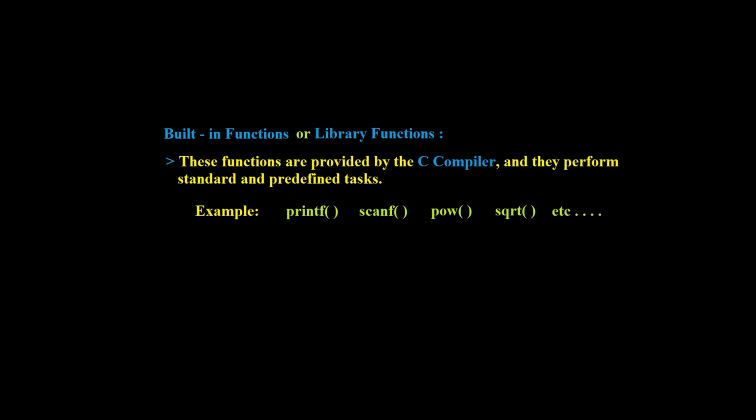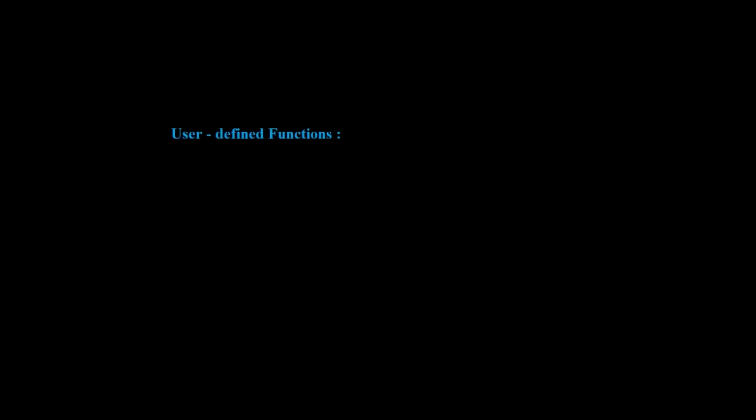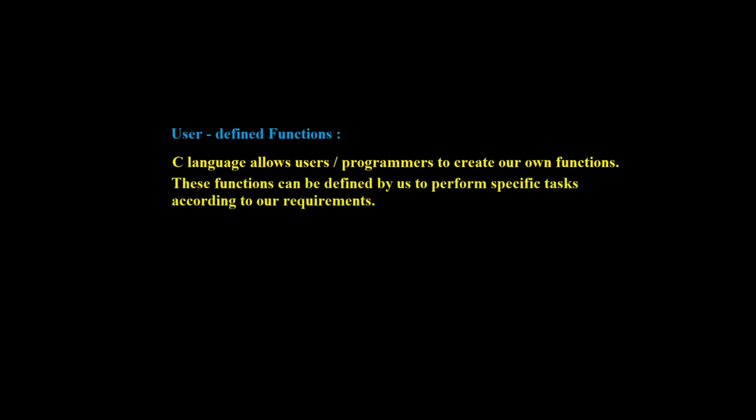Now let us move on to the user-defined functions. So what are user-defined functions? As the name suggests, user-defined functions are written by the user. C language allows users or programmers like us to create our own functions. These functions can be defined by us in order to perform specific tasks according to our own requirements.